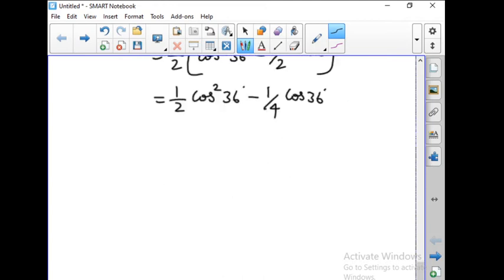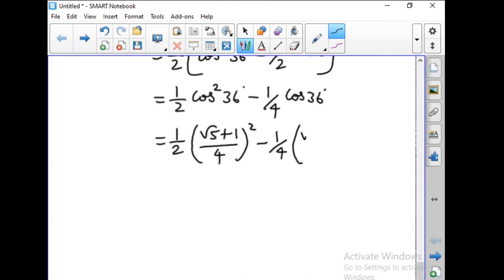So you know the value of cos 36. So we are going to apply that: 1 by 2 into root 5 plus 1 by 4 the whole square minus 1 by 4 into root 5 plus 1 by 4, we apply that.